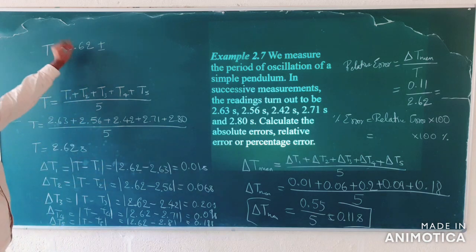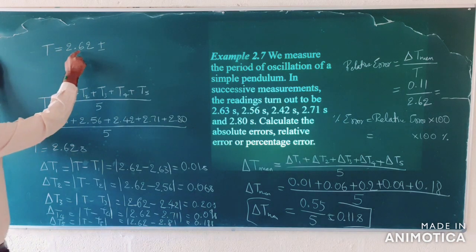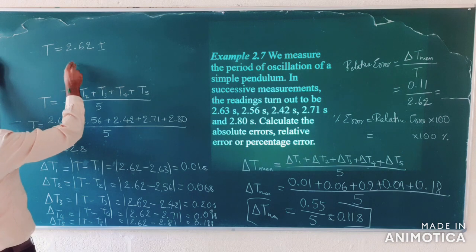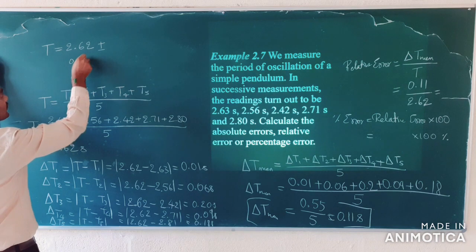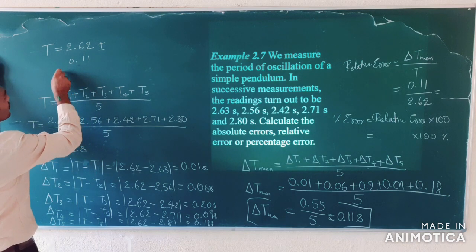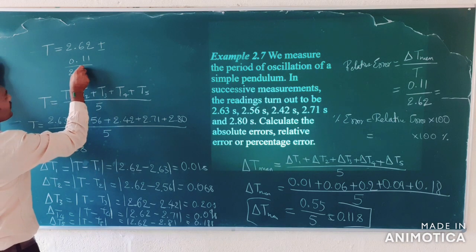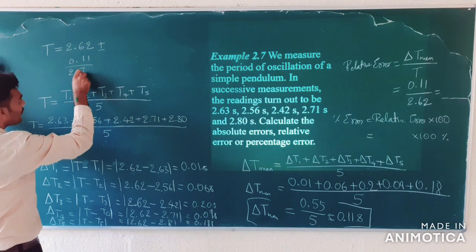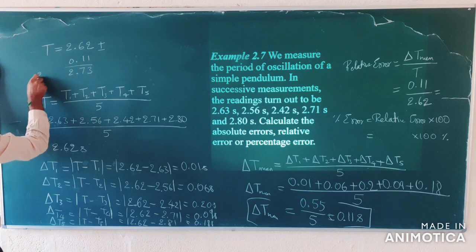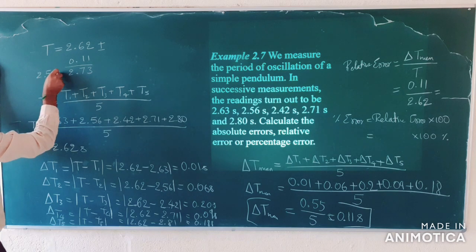If I add 0.11 to 2.62, it's plus or minus always, it's going to be 2.73, and if I subtract it, it's going to be 2.51.